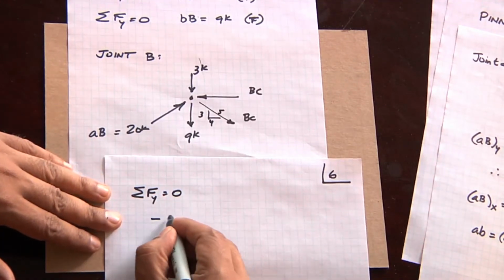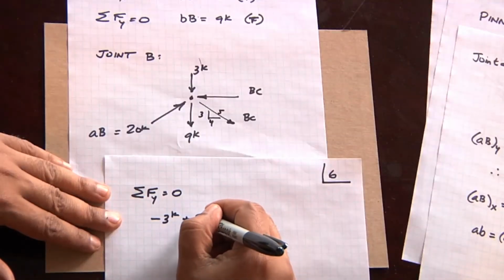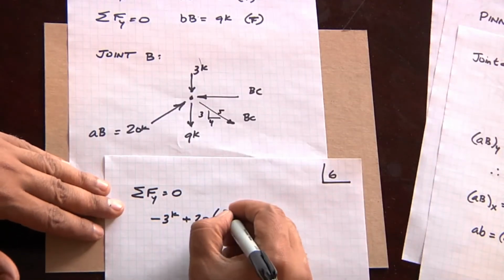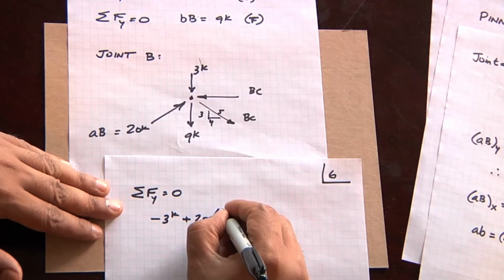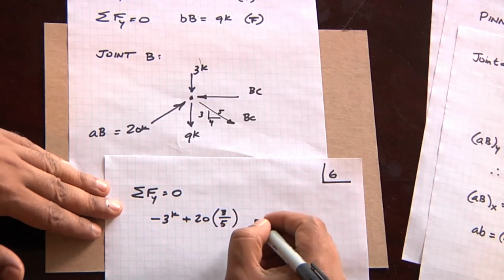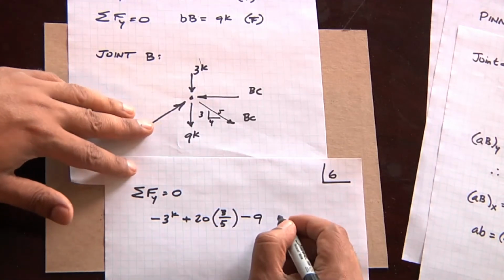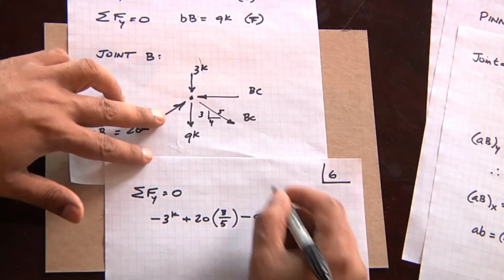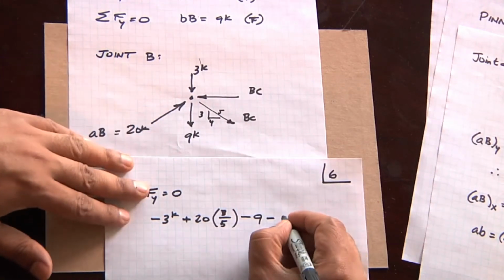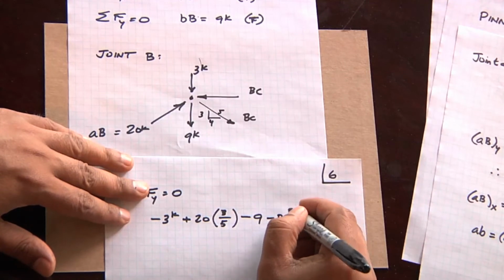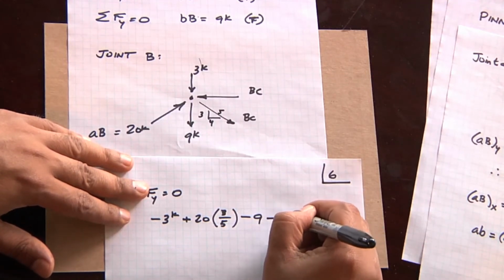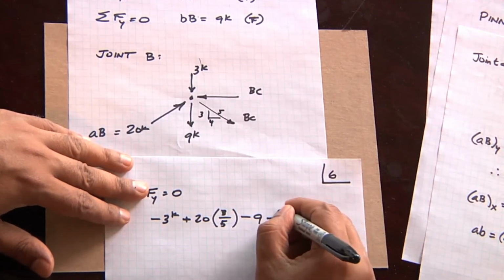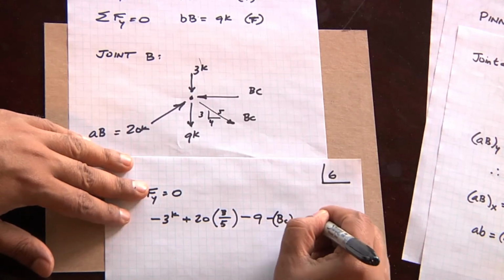we will have minus 3 plus 20 times 3/5 minus 9, and then minus b lowercase c, y component, equal to 0.